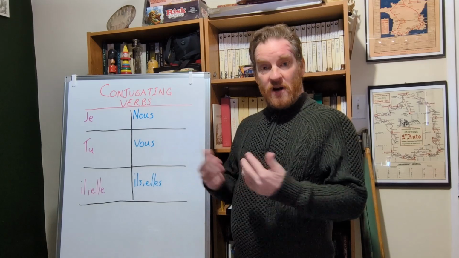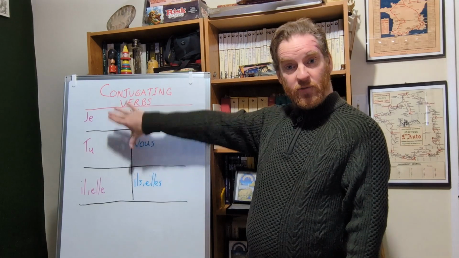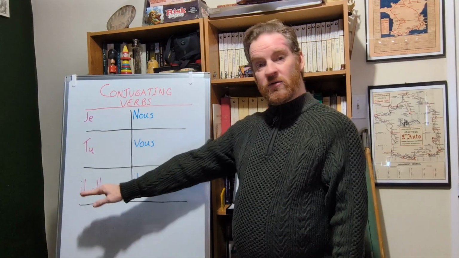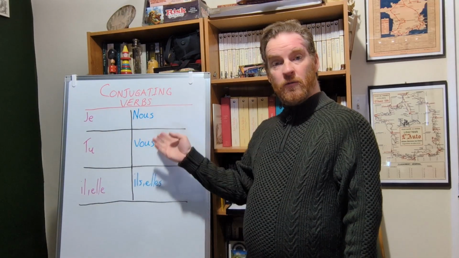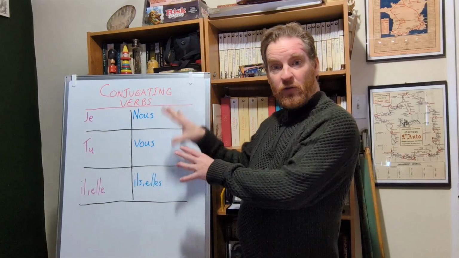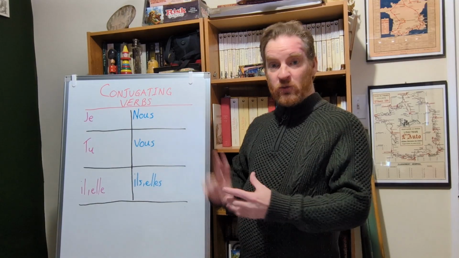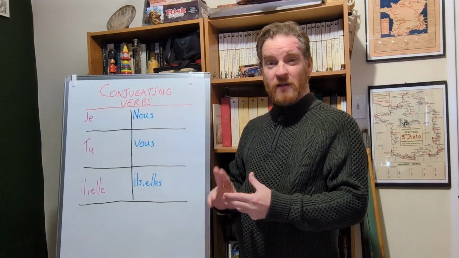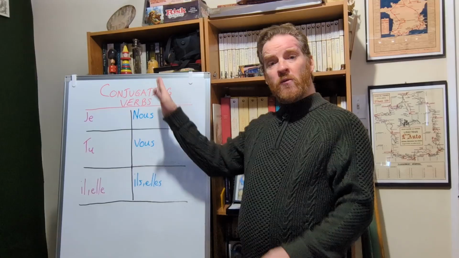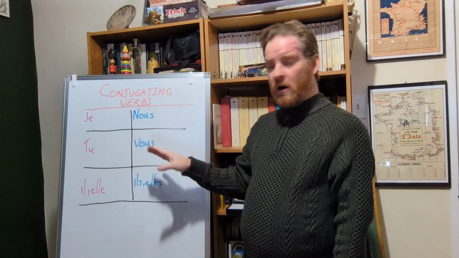In the past, when it came to verbs, I would, of course, have our verb chart, our je, tu, il, elle, nous, vous, and ils and elles. And then we would talk about whatever verb that we're conjugating, whether it was specifically irregular verbs like être or avoir, aller, or when we were doing regular ER verbs, IR verbs, or regular RE verbs.